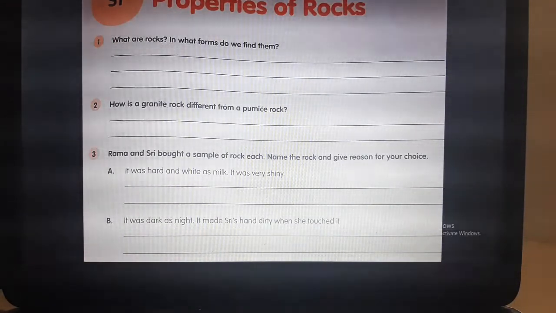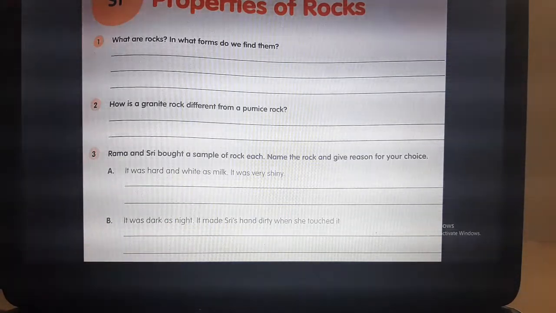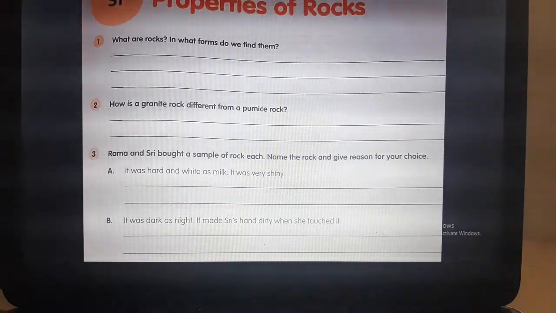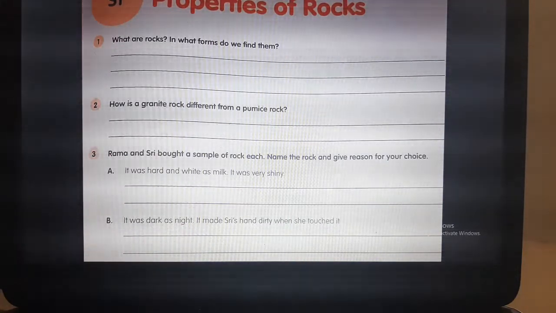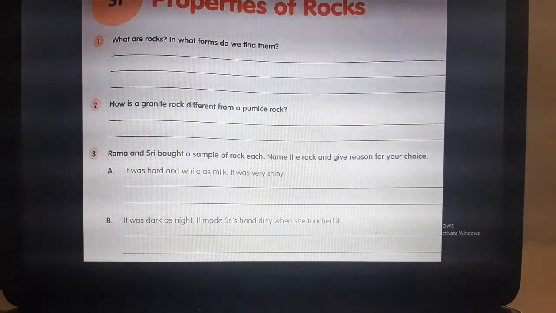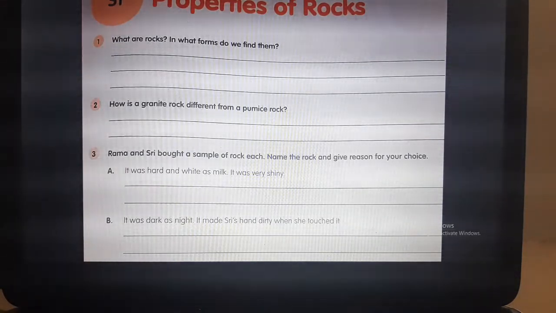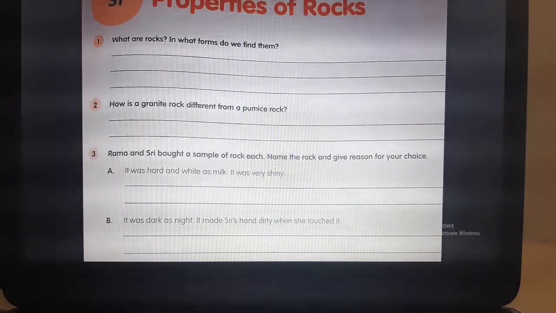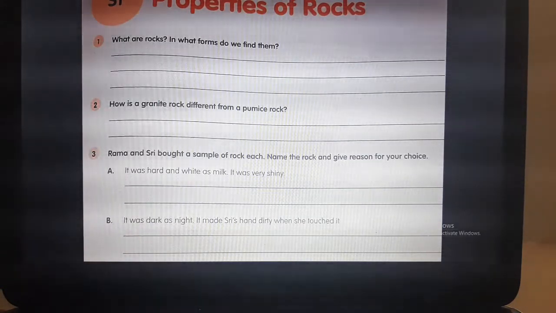Second question, how is a granite rock different from a pumice rock? We discussed that. Third question is, Rama and Shri brought a sample of rock each. Name the rock and give the reason for your choice.